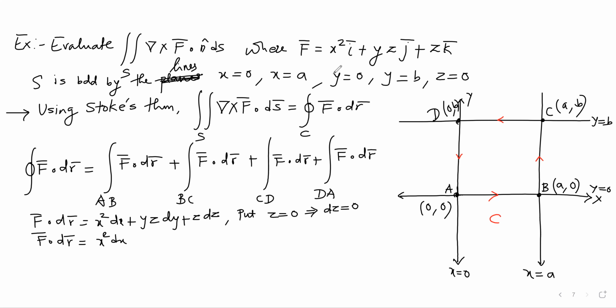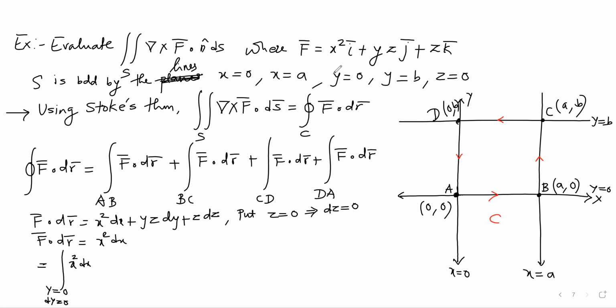So this integral is nothing but x squared dx. What I have here, the equation of AB, is y equal to 0. Put y as 0, dy equal to 0, and put the limits of x.